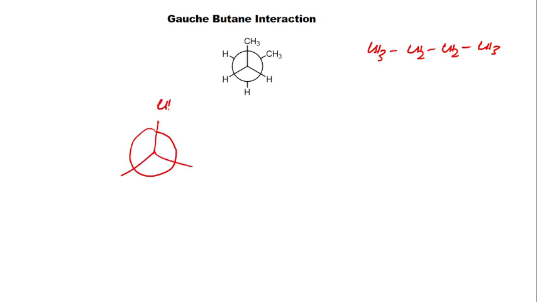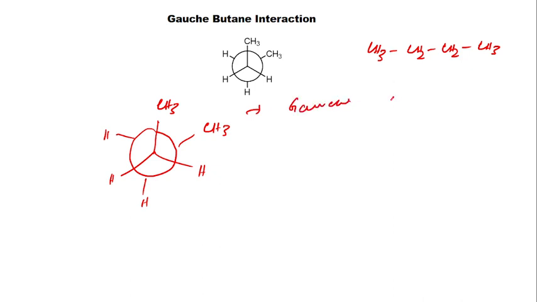This is CH3, H, H, and CH3, H, H. Now, these two methyl groups are present in gauche conformation.